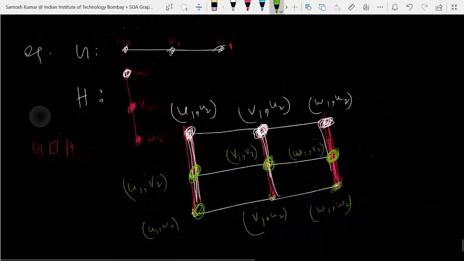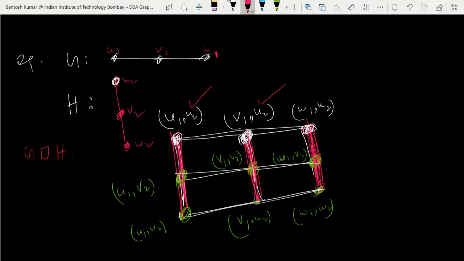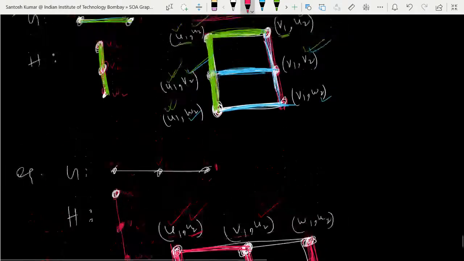This is your G Cartesian product H. Okay, this was G and this was H. You can verify the definition. Again u2 u2 are equal, so u1 v1 makes an edge in G. When u1 u1 are equal, so u2 v2 makes an edge in H according to the definition.